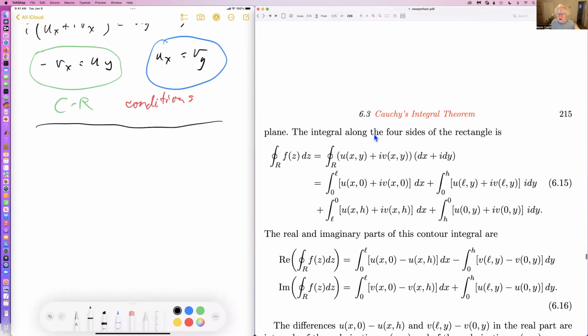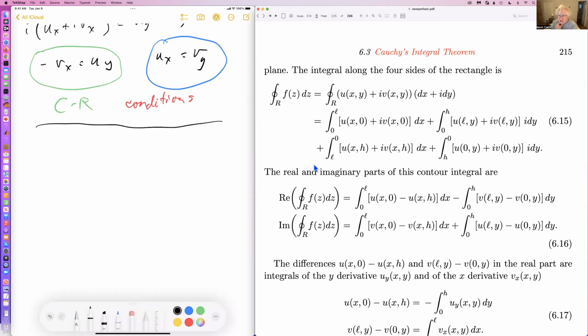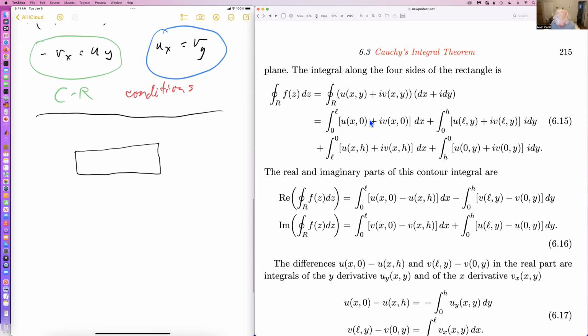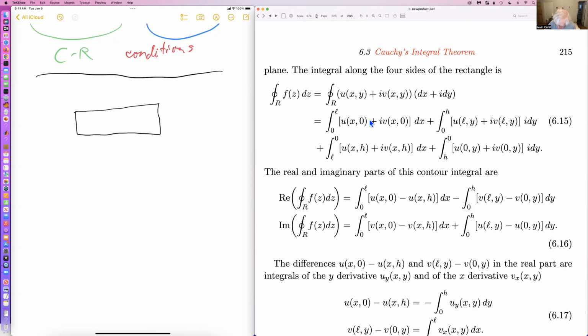And so what I did last time was I went through in some detail the computation of the integral along the four sides of a rectangle. I picked a rectangle that happened to lie on the real and imaginary axes.